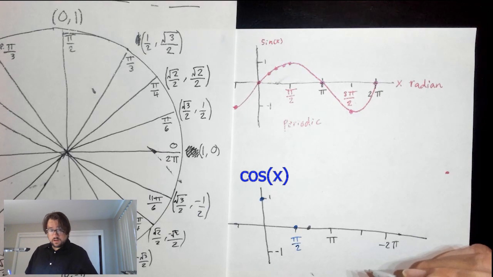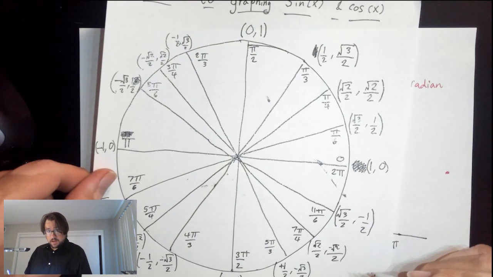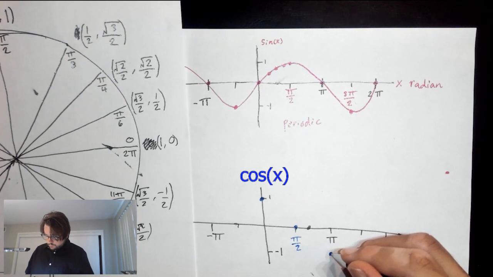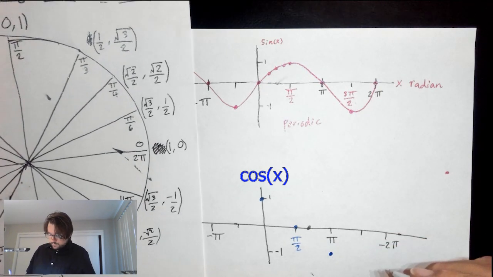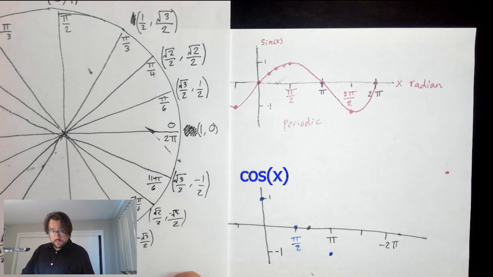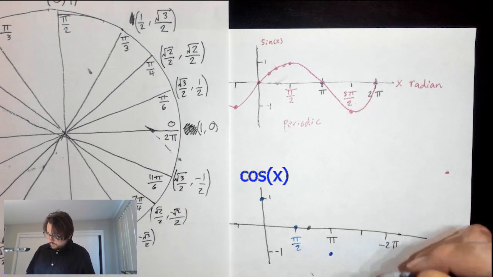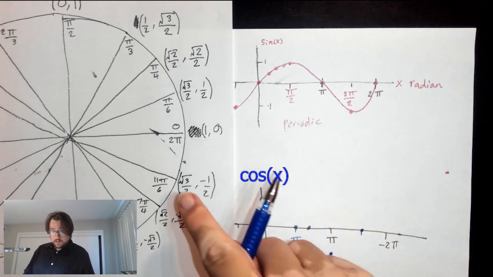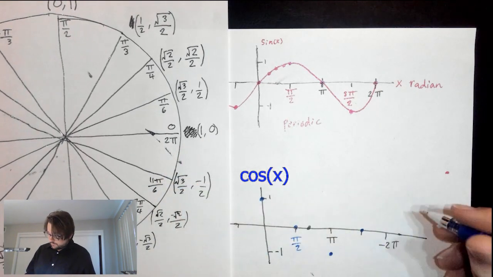The cosine of pi is negative 1. The cosine of 3 pi over 2 is back to being 0. And at 2 pi, our cosine is 1.